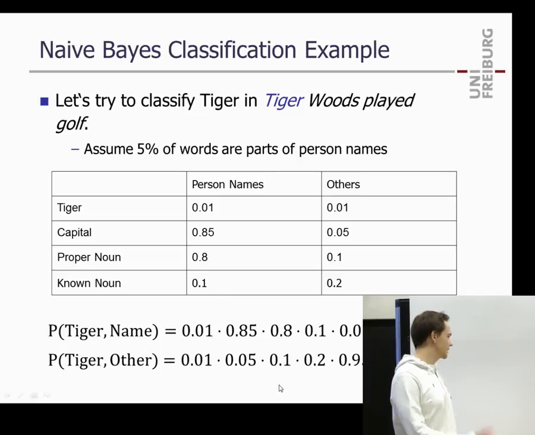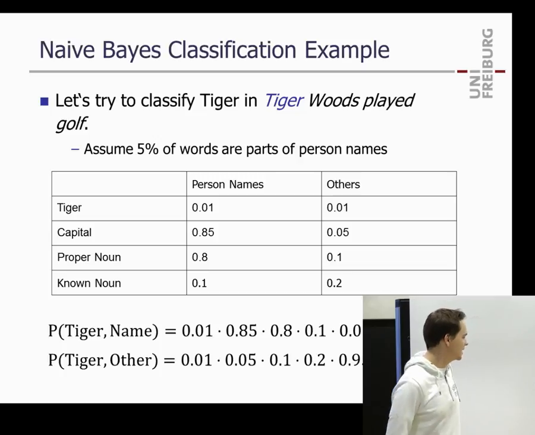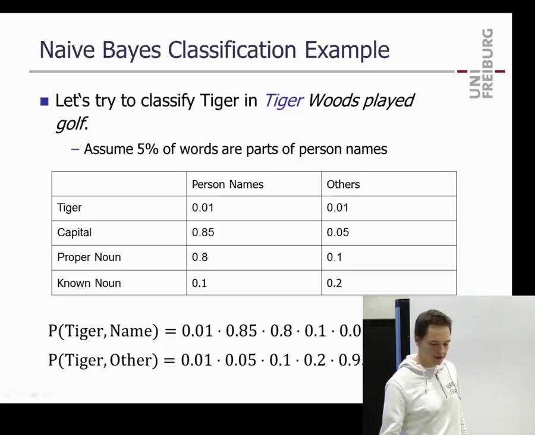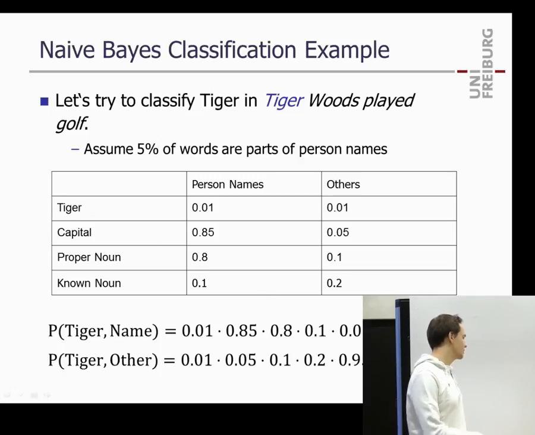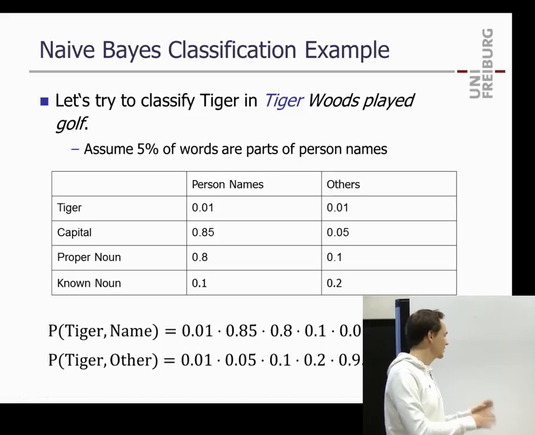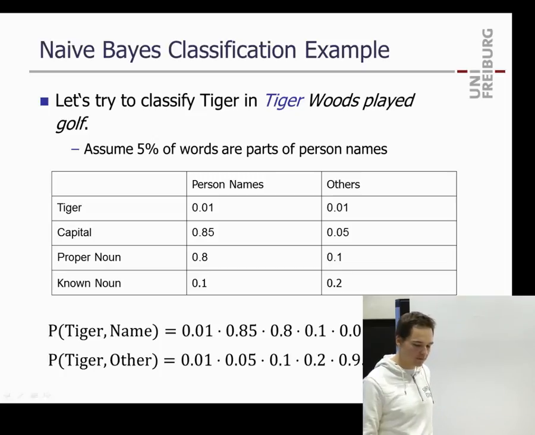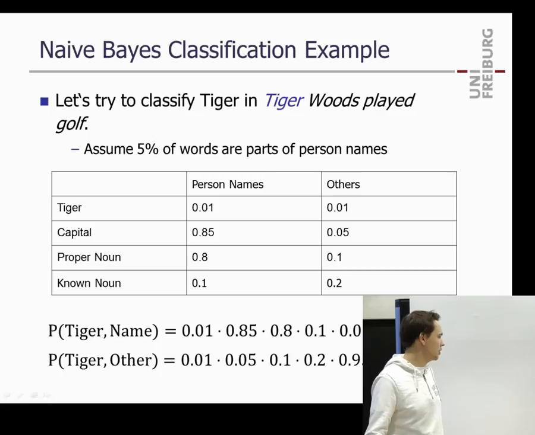If you're interested in the exact probability, or at least the one that naive Bayes predicts, then you have to normalize. So these two would have to add up to 1. I left this step out because it's quite a long presentation. I thought for just classifying it's not important, but if you want some measure of, for example, how confident your prediction is, then you have to normalize these values by making sure they add up to 1.